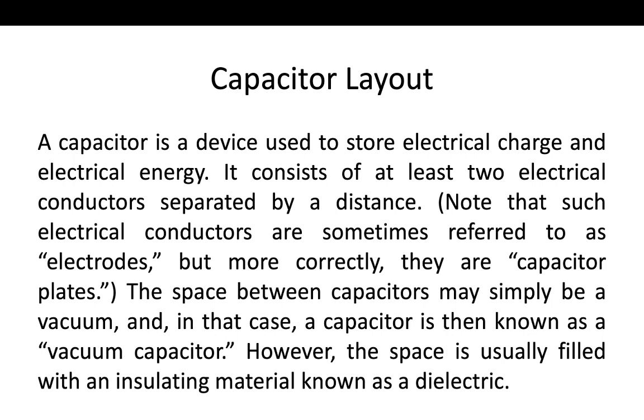The space between the plates may simply be a vacuum, and in that case the capacitor is known as a vacuum capacitor. However, the space is usually filled with an insulating material known as dielectric.